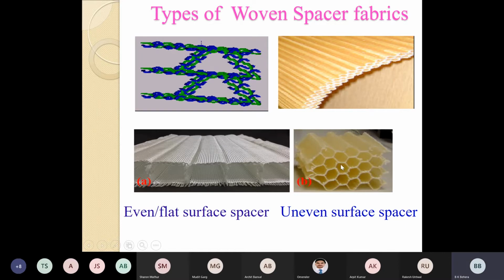It has a lot of importance. So this is not the course where I can explain it. We teach all these things in composite manufacturing. In composites, we need to have flat surface or uneven surface. So it has different implications. But anyway, this is one of the classifications.